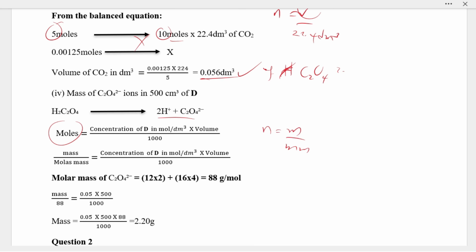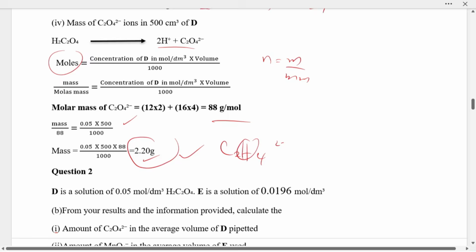My molar mass of C2O4²⁻ will be 88. With a correct substitution here, you have the final answer to be 2.20 gram of C2O4²⁻. Let's proceed to question number 2.